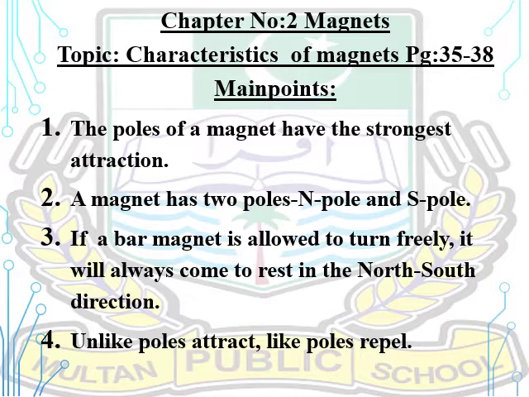Number 2, a magnet has two poles, N pole and S pole. Number 3, if a bar magnet is allowed to turn freely, it will always come to rest in the north-south direction. Number 4, unlike poles attract, like poles repel.